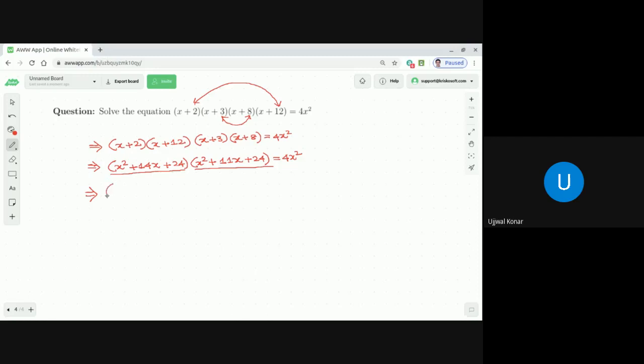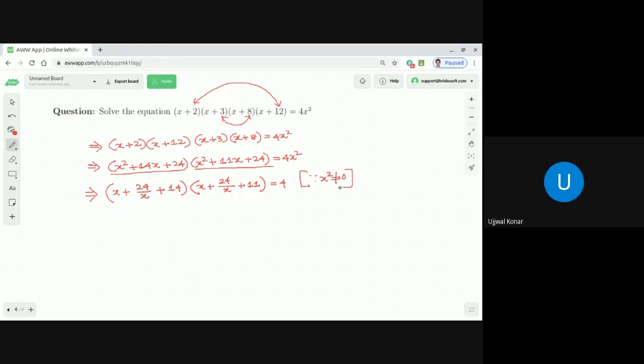So if we divide by x here, it will be x plus 24 by x plus 14, I'm so sorry, x plus 24 by x plus 14 into x plus 24 by x plus 11 is equal to 4, since x square is not equal to 0.